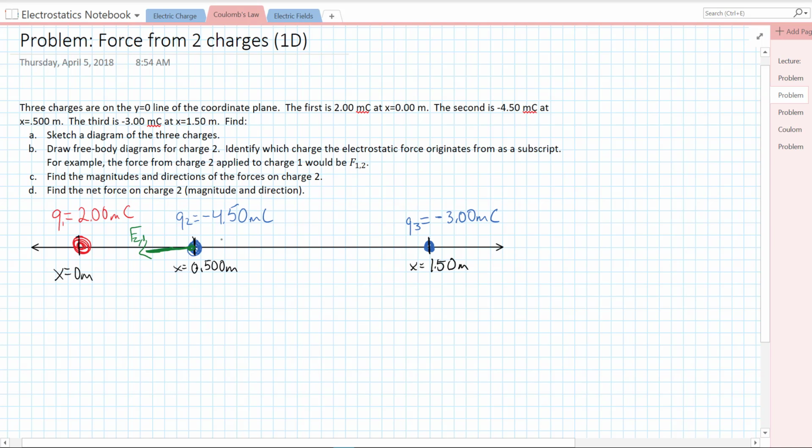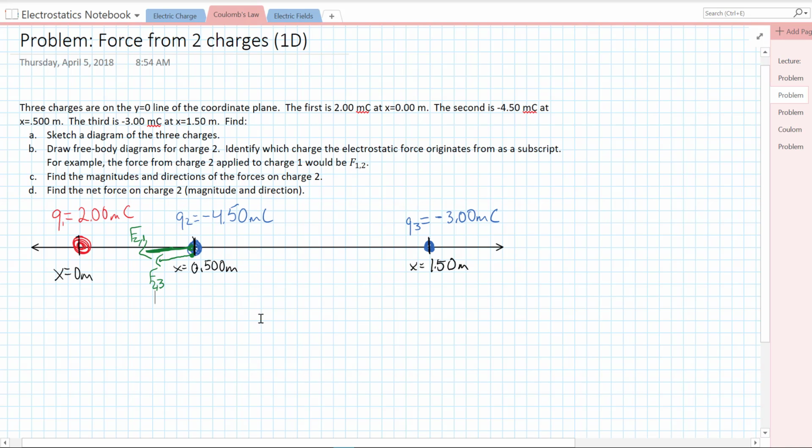Charge 3 and charge 2 are both negative, so there's going to be a repulsive force. So I'm going to draw another arrow down here, kind of pointing to the left. It's actually the force on charge 2 from 3. Okay, so we have two leftward forces on charge 2.